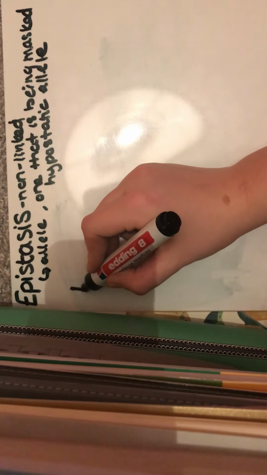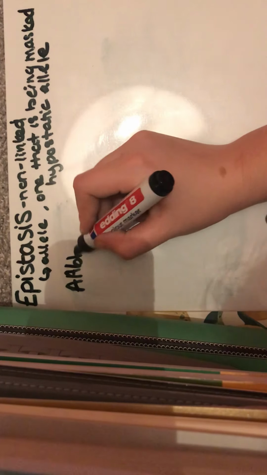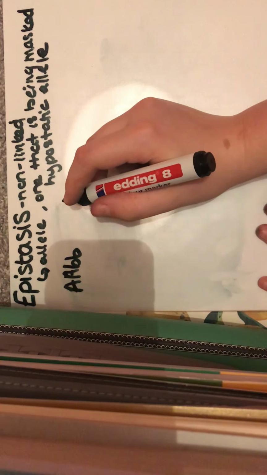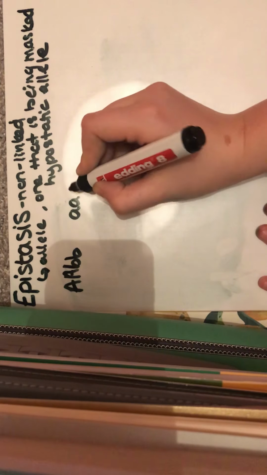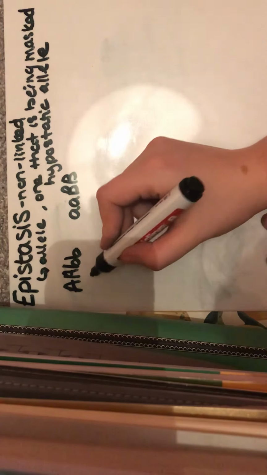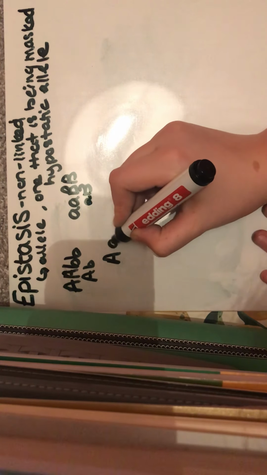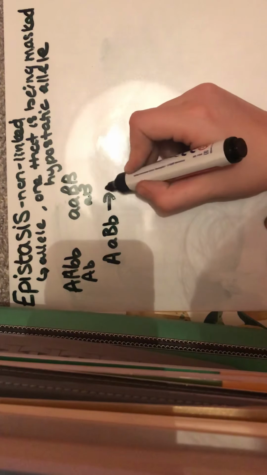So if we've got the pink and the white, we know the pink was capital A, little b, and then the white was a, B, like this. We know that their gametes would have been A, b and a, B, and the first generation would have been all A, a, B, b, heterozygous, all purple.